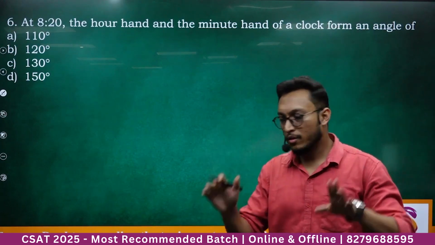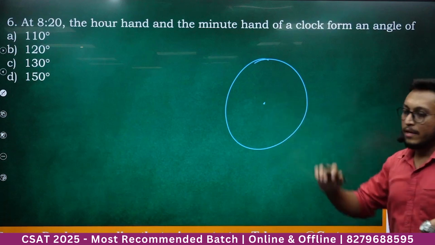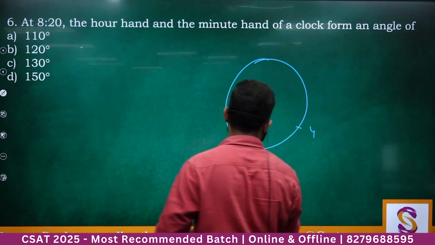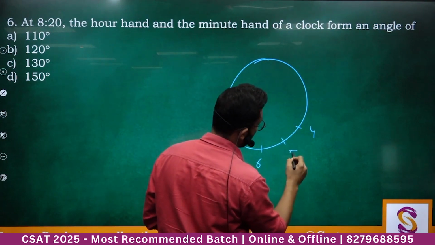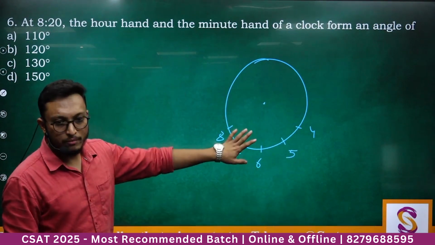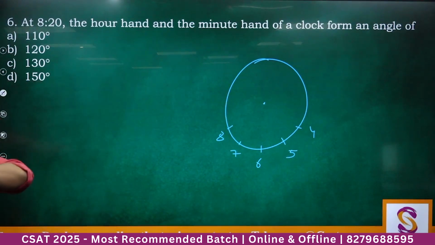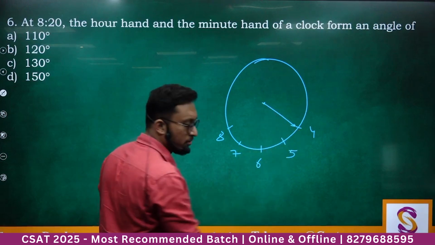For the people who are getting 110, time is 8:20. Right now time is 8:20. Minute hand will be exactly at 4. Minute hand यहाँ है.